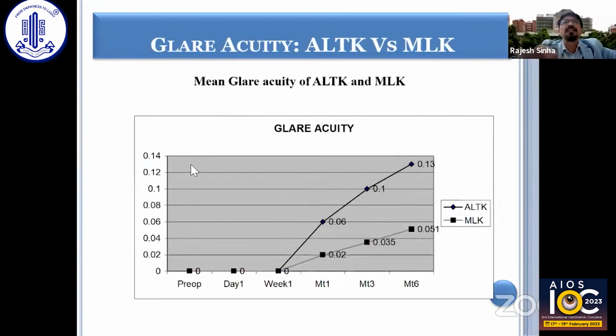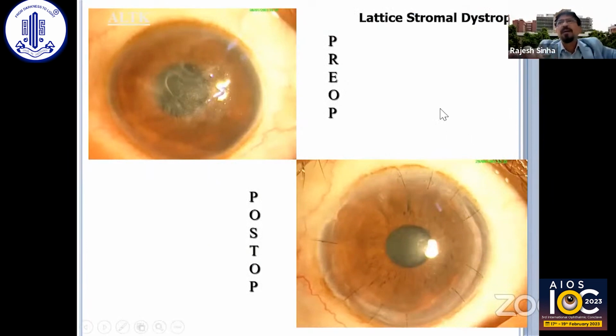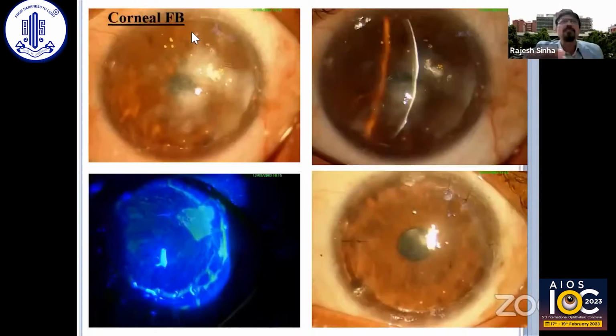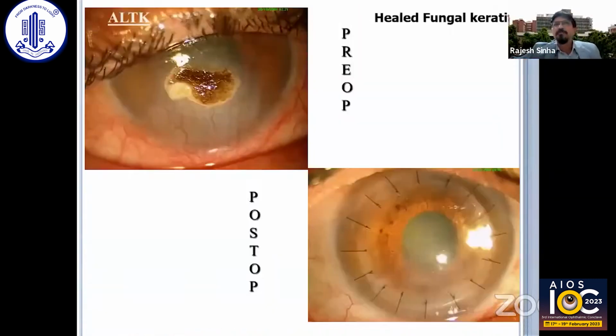You can see here a case of lattice dystrophy, where the opacity is involving the anterior stroma, mostly. In a case of multiple corneal foreign bodies involving the superficial cornea, you can cut the superficial corneal tissue.